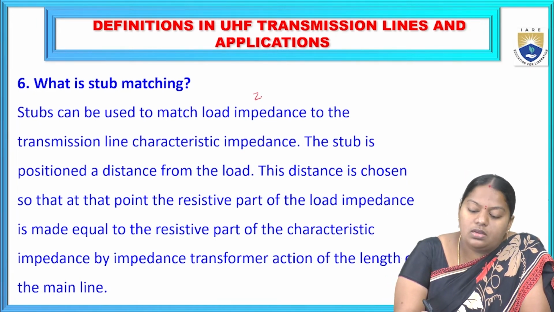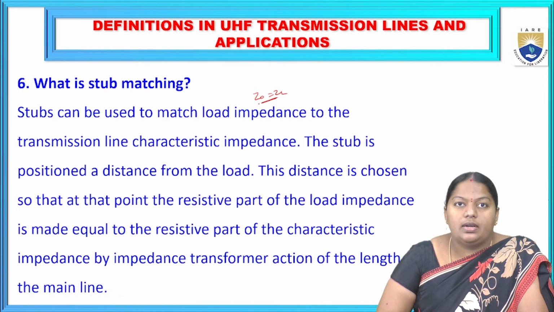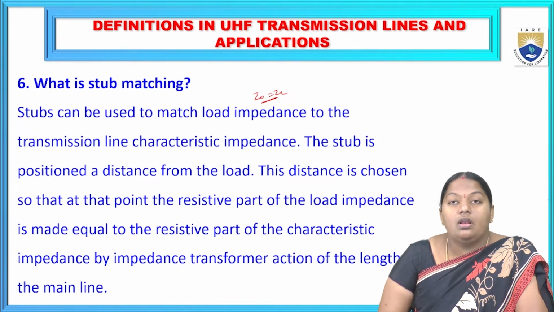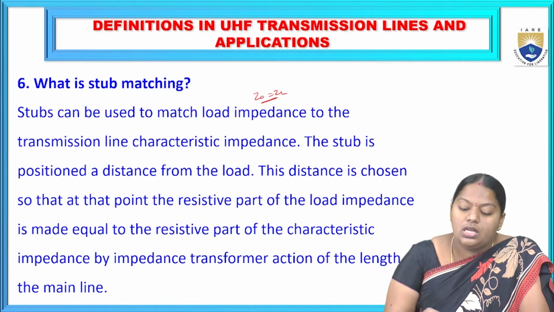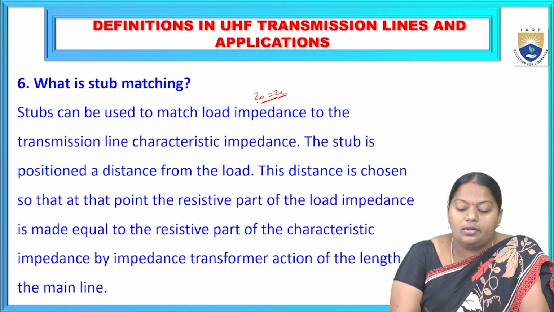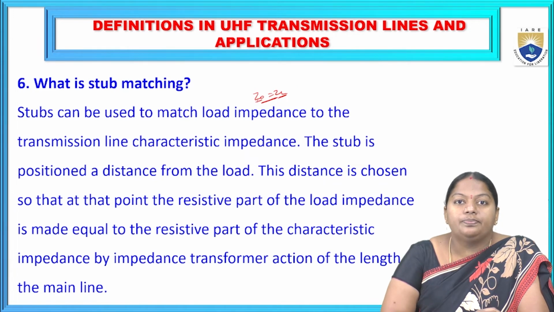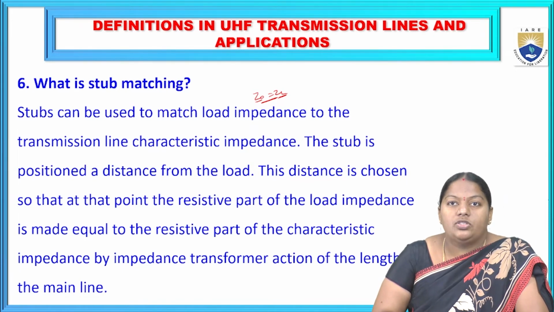If Z0 is equal to ZL, the line is said to be properly terminated. Similarly here also, the stubs can be used to match load impedance to the transmission line characteristic impedance. Generally, we use the notation ZL for load impedance and Z0 for characteristic impedance. If these two are the same, then the line is said to be properly matched.